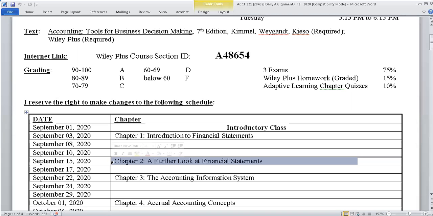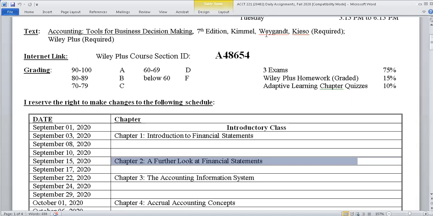Since we're finishing our work in chapter 1 today, you'll have your chapter 1 adaptive learning quiz on Friday, Saturday, and Sunday. You've got a 3-day window to go in and do the assignment. So we'll talk a little bit about that process at the end of class today.